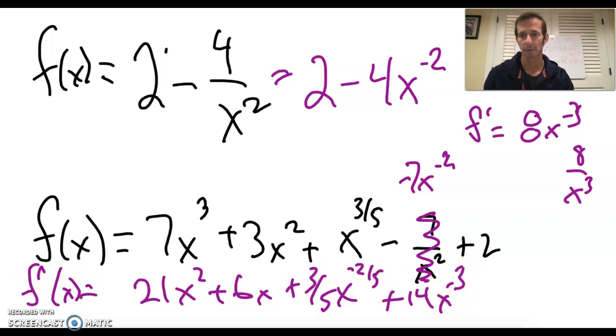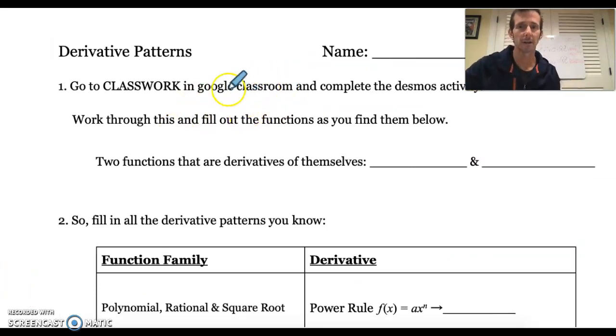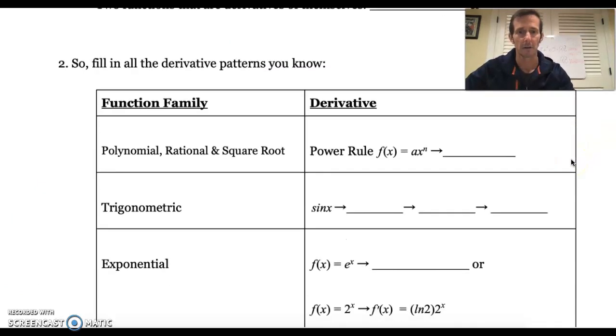I'm going to go over here. There's a Desmos activity for you to do that will help you identify which two functions are derivatives of themselves. So I want you to take a second, go do those two things, and then you'll notice on this form as I scroll down, we already know the power rule, but we're going to abbreviate it. We've already seen this pattern with trigs, but we're going to write it down.